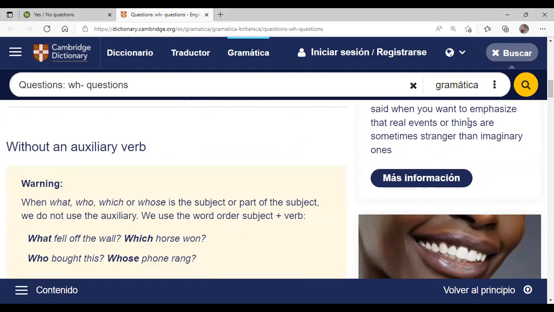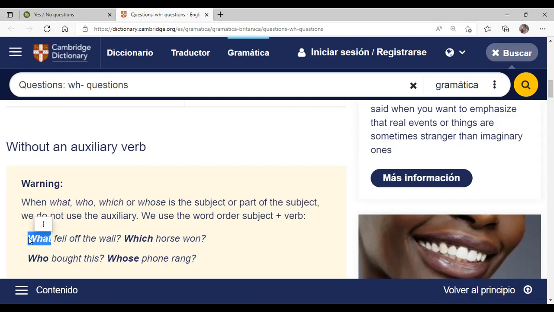Bueno, chicos, esto nos dice que hay preguntas en inglés que empiezan con una question word, como what o who, pero que no llevan auxiliar. ¿Y se puede hacer una pregunta sin auxiliar? Claro que sí. En este caso, la question word funciona como el sujeto de tu pregunta.